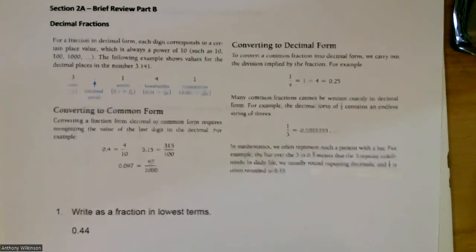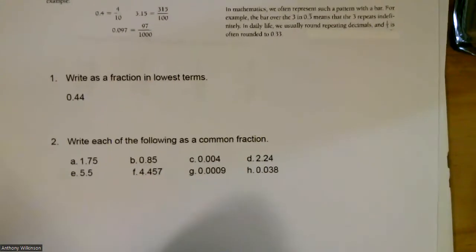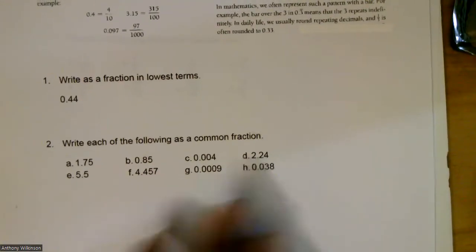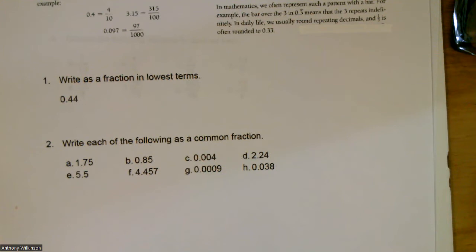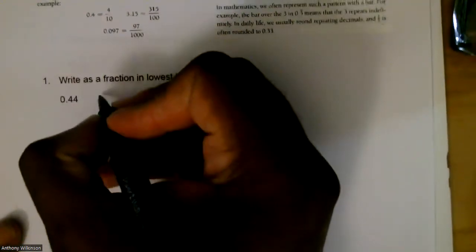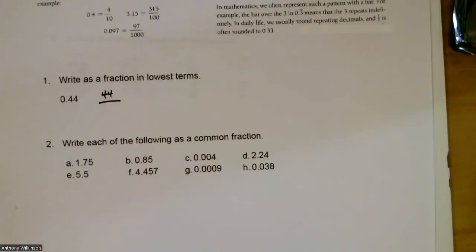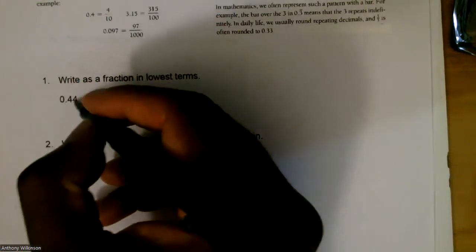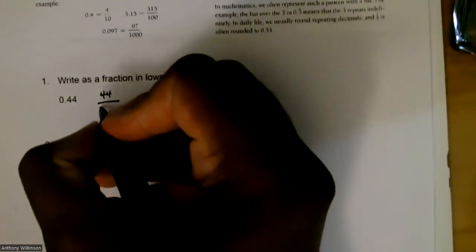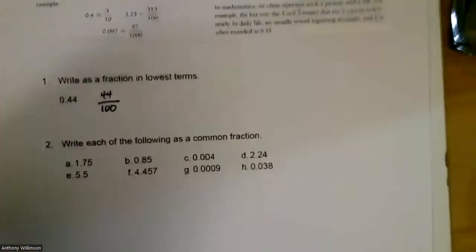All right, let's look at some examples here. We're going to start by writing the fraction in lowest terms, like in 0.44. Well, we see a 44. But look at the last digit here is a 4. The place value of that last digit is the hundredths place, because here that's tenths and then hundredths. So the denominator will have to be 100.